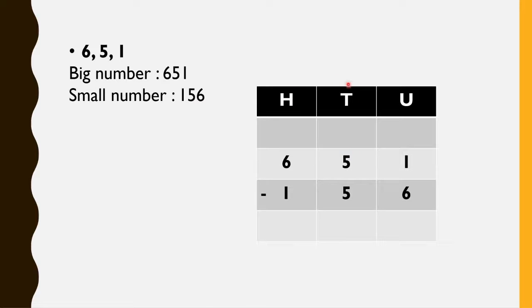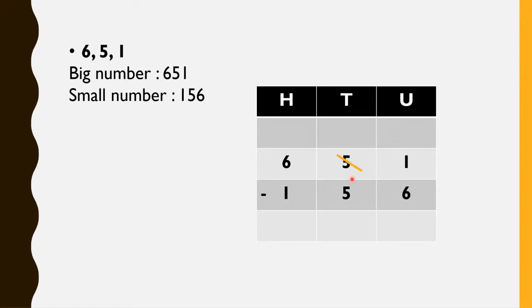So now we have to arrange them in their place value. So students, now we cannot subtract 6 units from 1 unit. So now what we are going to do? Yes, we are going to untie 10. That is, we are going to borrow from tens.